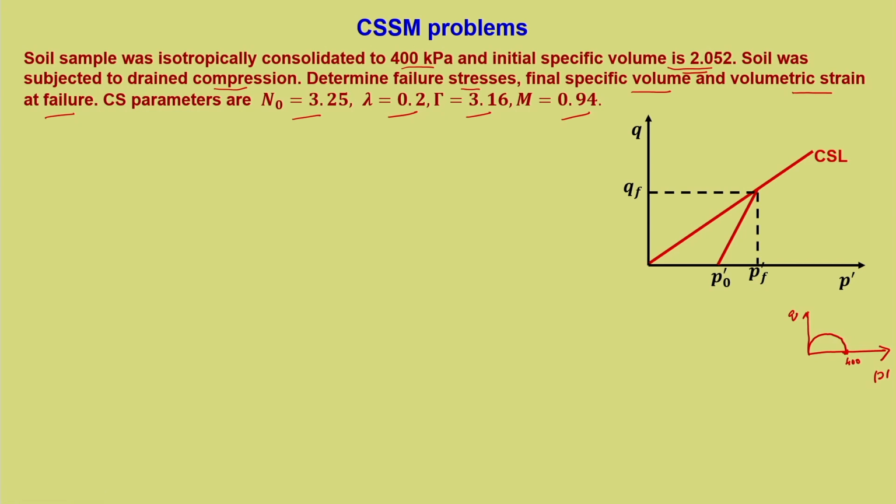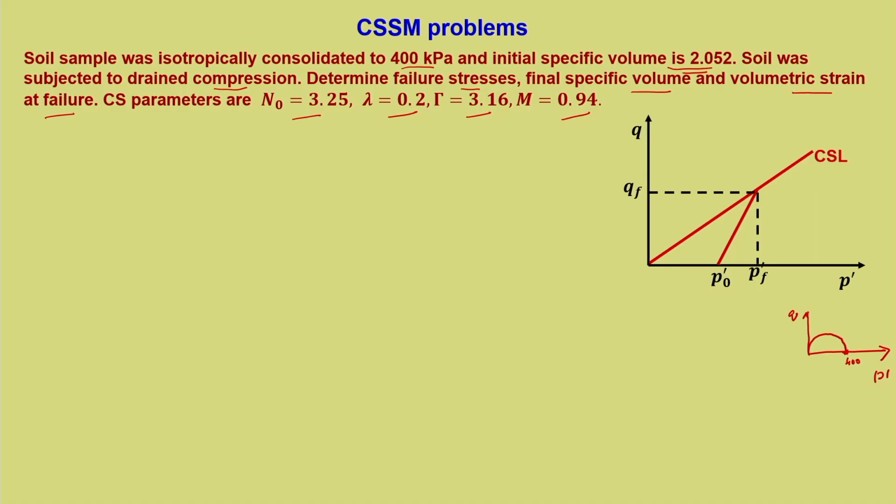Unloaded means we are creating a lightly over consolidated to heavily over consolidated state. Here in this case it is sheared under drained condition soon after isotropic consolidation. So that means it is a normally consolidated point, so please keep this in mind. So 400 kilopascal here refers to the NC, normally consolidated state. So isotropically consolidated, but normally consolidated.